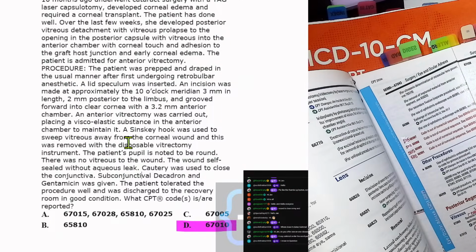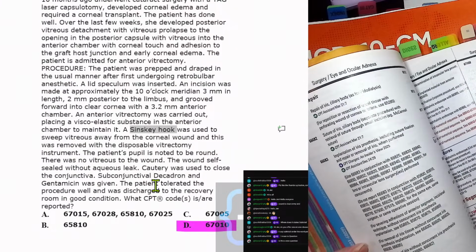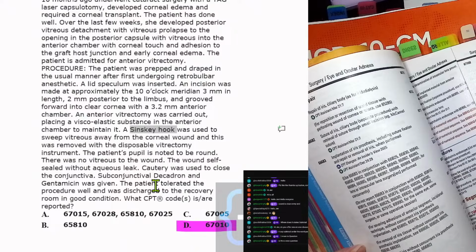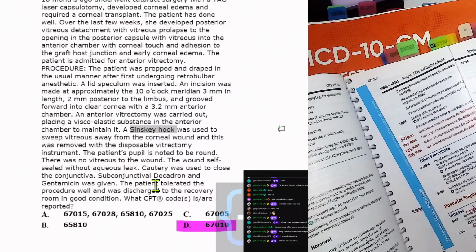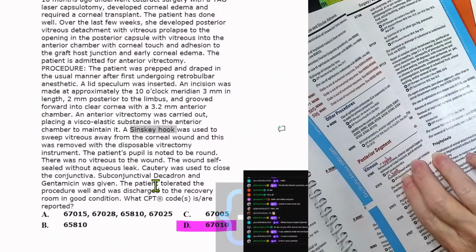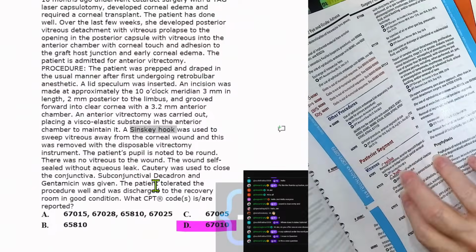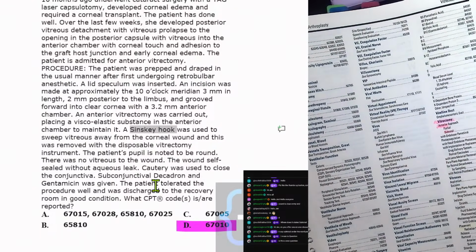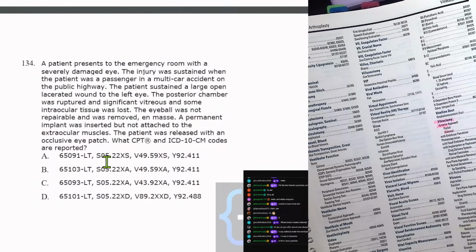If you use a hook, that Sinski hook right there, that's where you use the 67010. And if you have my notes for this area, you've got hook and needle on that area. So it's just what instrument you used for that previous question. Sorry about that. Okay, back to this question.